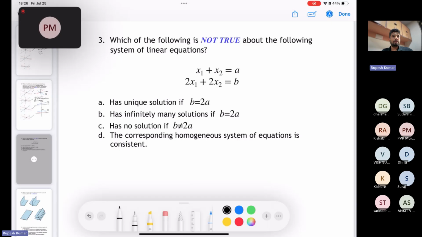I hope you are familiar with these definitions, right? Does anyone have a solution for this problem? So let's see how we can solve this problem.